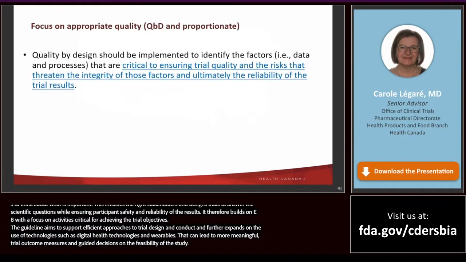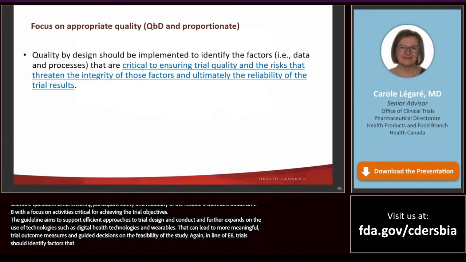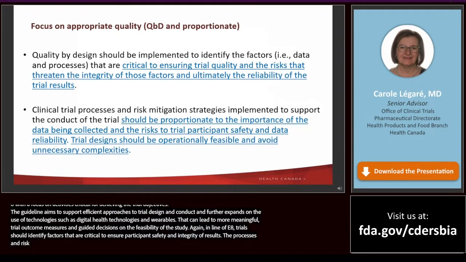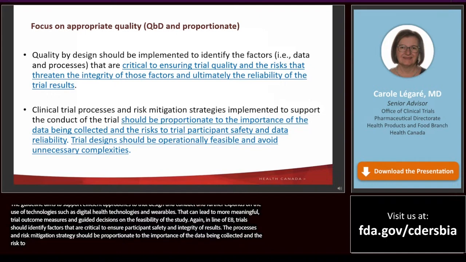Again, in line with E8, trials should identify factors that are critical to ensure participant safety and the integrity of results. The processes and risk mitigation strategies should be proportionate to the importance of the data being collected and the risk to the safety of participants.